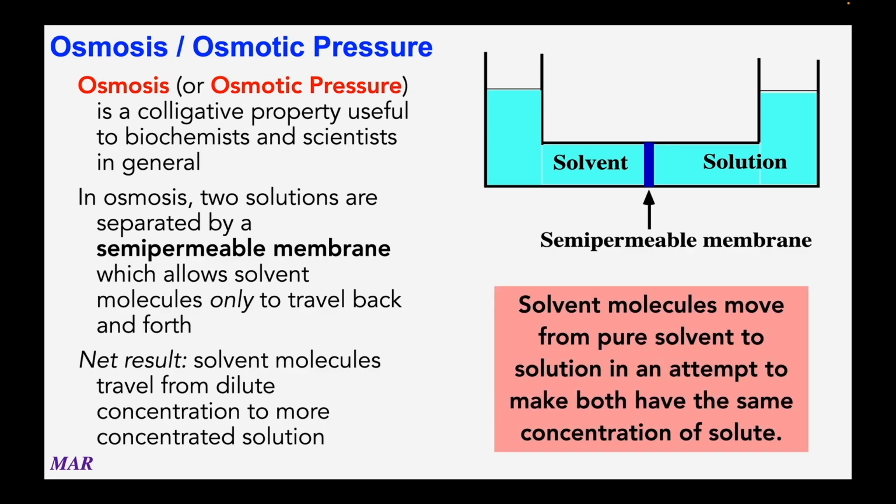So those solvent molecules are moving from the solvent to the solution. It tries to make them both the same solution concentration, but it doesn't do that, because on the solvent side you'd have no solute, and the solute can't get through to that side. But at least it tries to dilute the solution so it becomes more like water. It's a really wild phenomenon, and we'll talk more about why this happens in a future lecture, but it is something that's observed by scientists, and it's amazing.